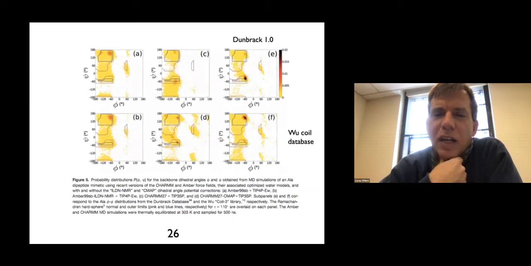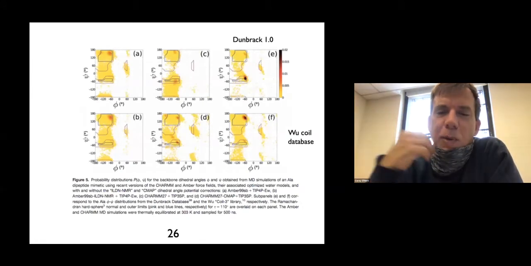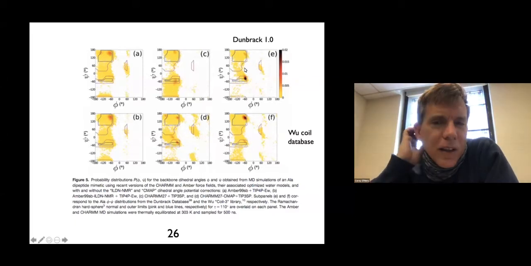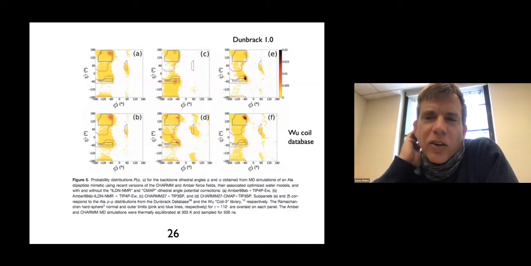So that question has been discussed a lot, both in the community and by my group. And so I reproduce, in the upper right corner, panel E, data of alanine dipeptides from high resolution protein crystal structures.